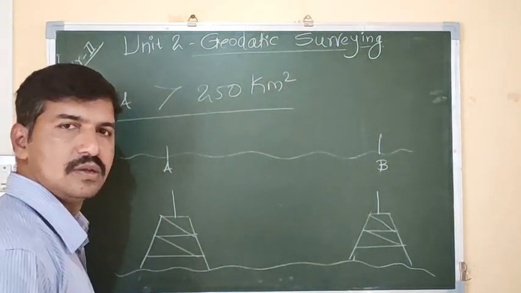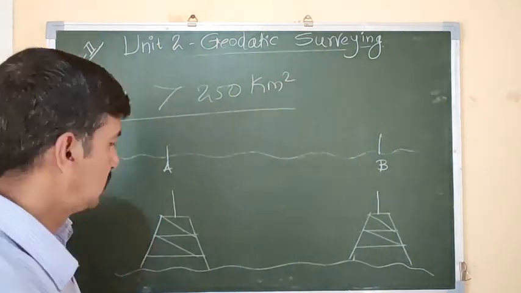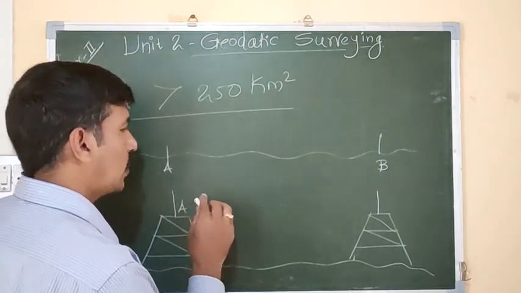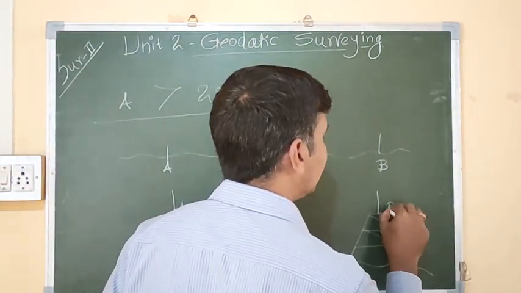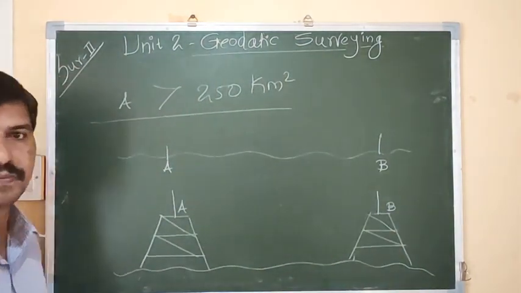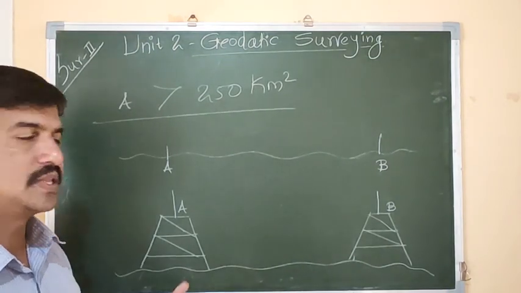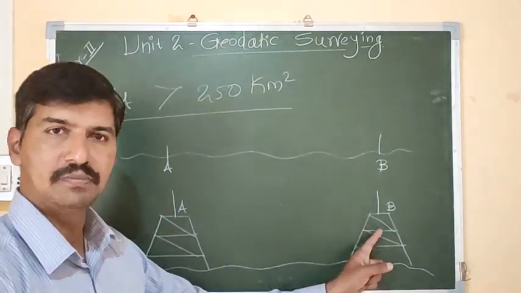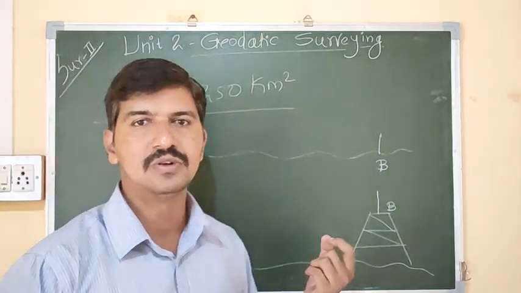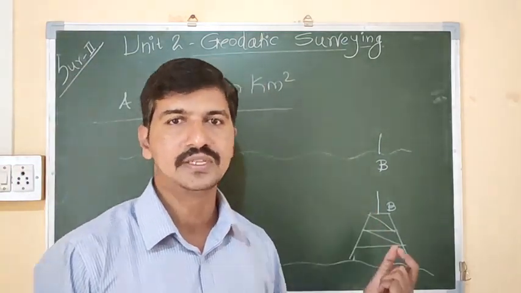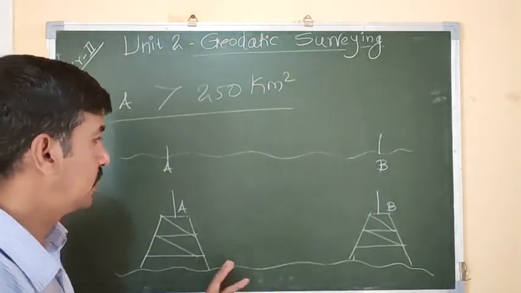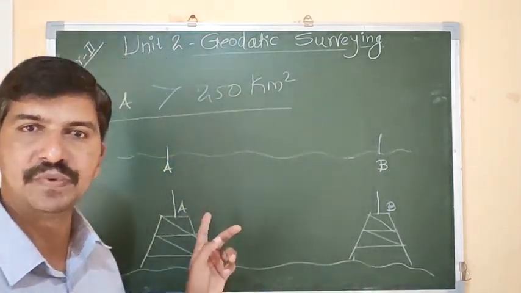What is the reason? To have a better intervisibility between point A and point B. Unless and until we see A from B and B from A, we are unable to find out this distance. So for the intervisibility between point A and point B, why?